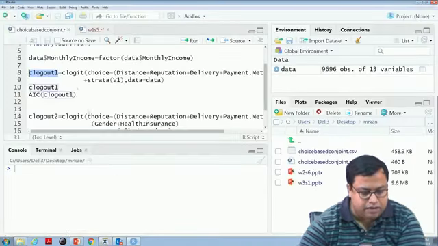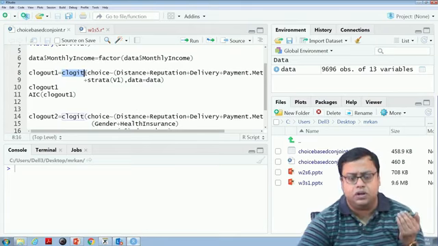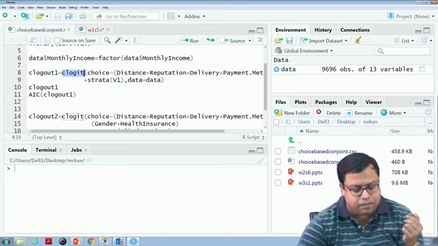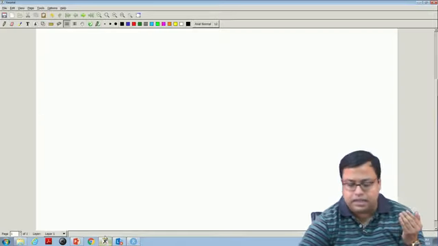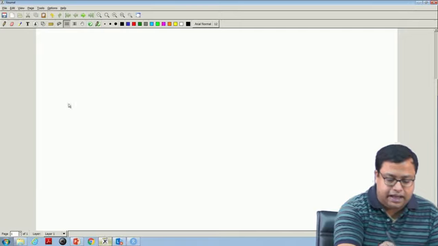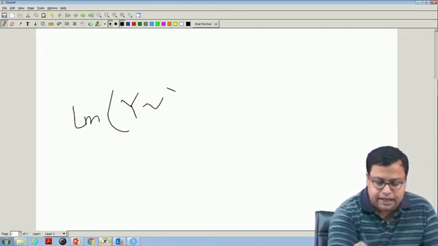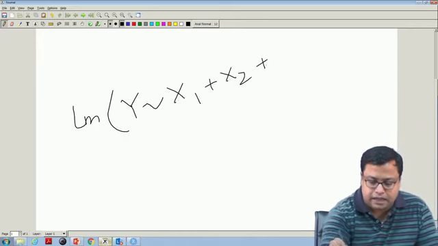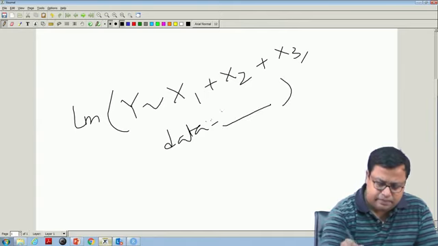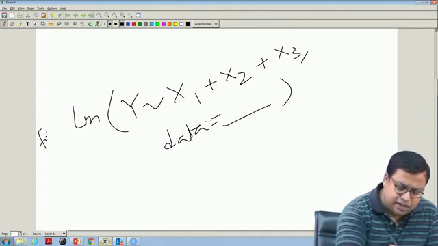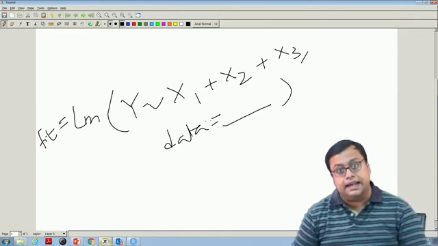So, I will run a clogit out, which is equal to clogit. It is exactly the same. I told you before that most of our models in R, where you are doing a predictive model, will follow this function. So, for example, for lm regression, you wrote lm y tilde x1 plus x2 plus x3 comma data is equal to data set name, and this you wrote fit is equal to this. That is what you have done in case of normal regression, linear regression.